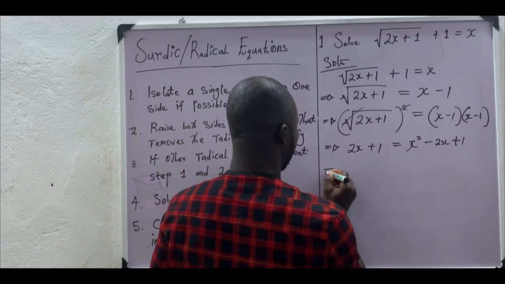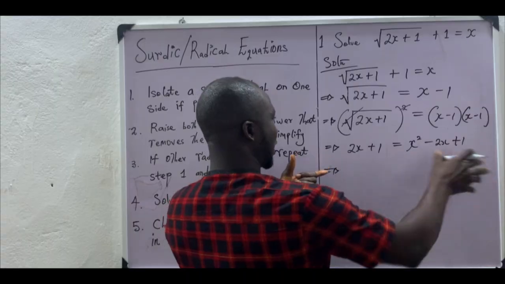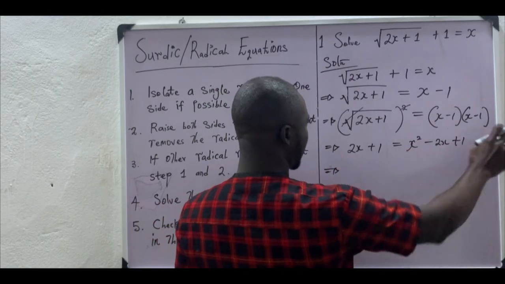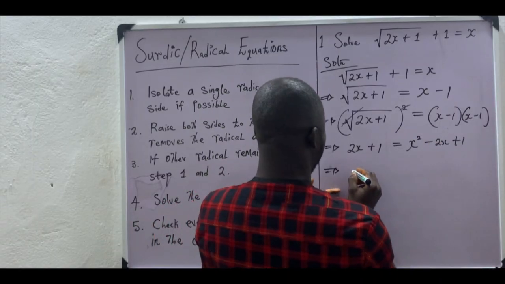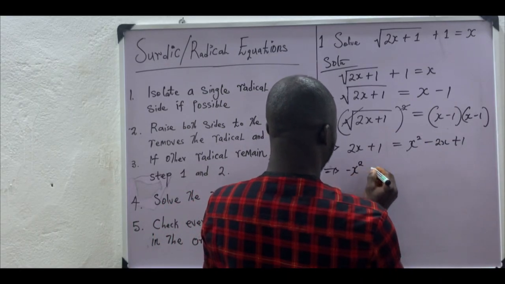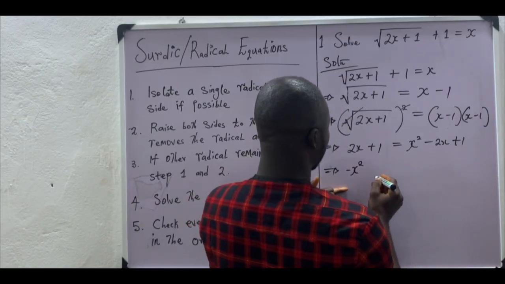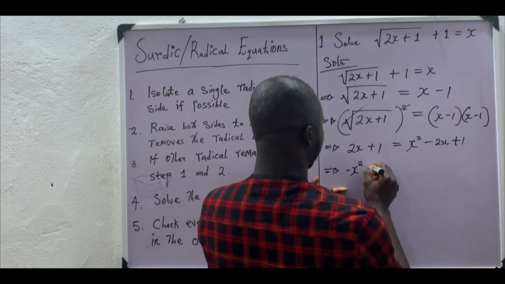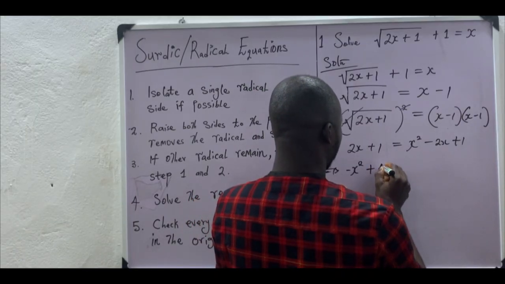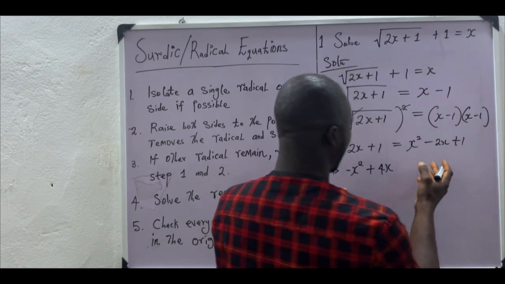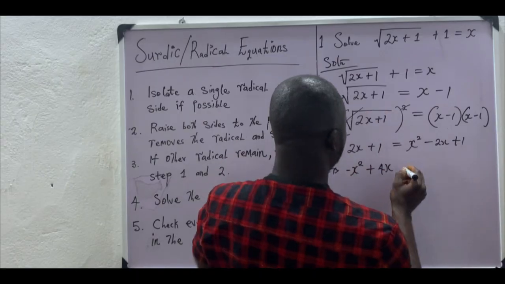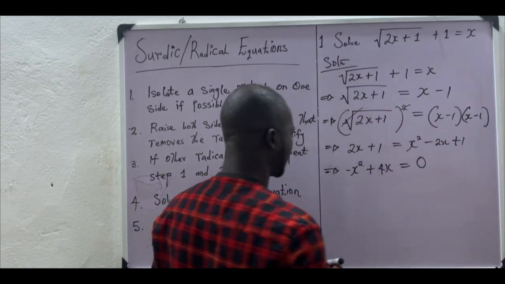And if I do that now, I'm trying to simplify this whole expression. I will subtract x squared from both sides of the equation, and I will then have minus x squared here. I will also add 2x to both sides of the equation. I will then have plus 4x here, and I will also subtract 1 from both sides of the equation, and this is equal to 0.